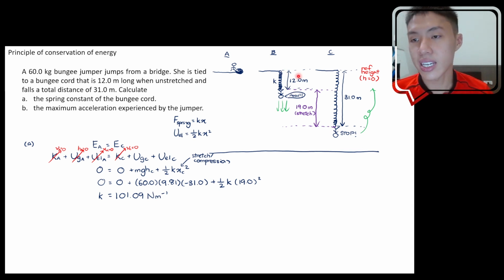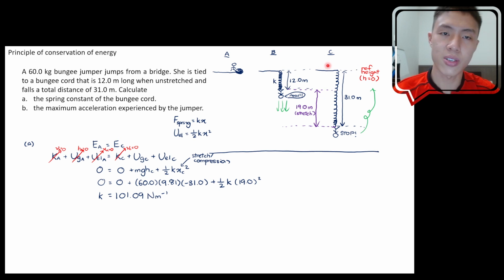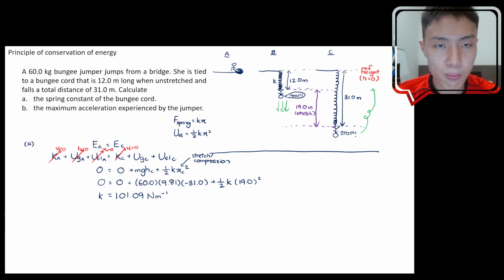Okay, next, the maximum acceleration experienced by the jumper. To explain this situation, it's good that we sketch a free body diagram for situations B and C. There's no need to draw situation A actually. B and C will help us illustrate the situation clearly. When you are at point B, the spring is still unstretched.